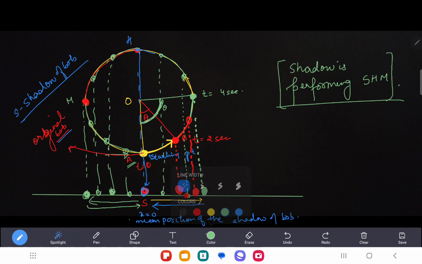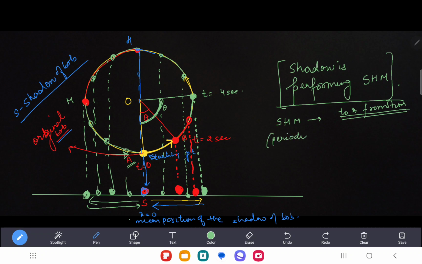What I'm trying to tell you is that when I say somebody is performing SHM, that is a to and fro motion. Obviously, the person will be doing a periodic motion, no doubt about it. But in SHM, the person shall be moving along a straight line, while a periodic motion could be a circular motion as well.